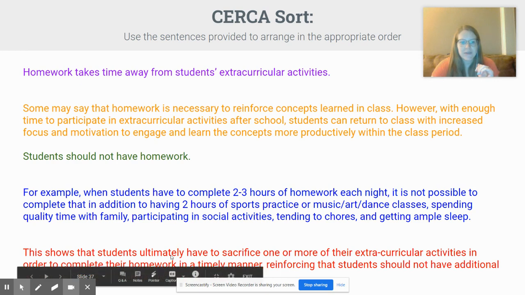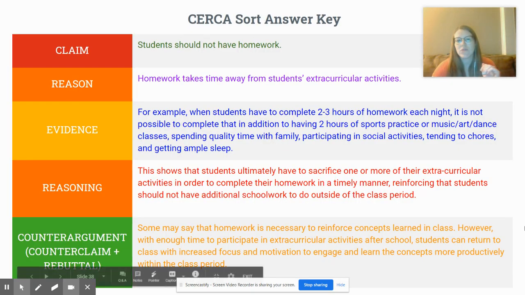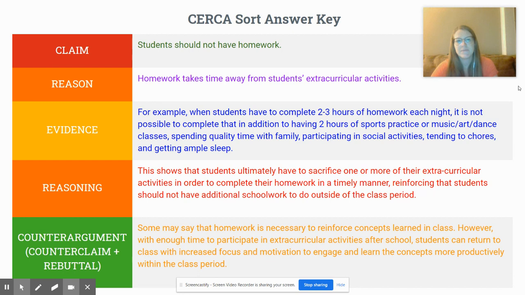But then you have your reasoning down here and your counter argument. So let me show you the final one right here. CERCA answer key. Students should not have homework. Why? Because homework takes time away from students' extracurricular activities. Okay. Prove it, or says who.